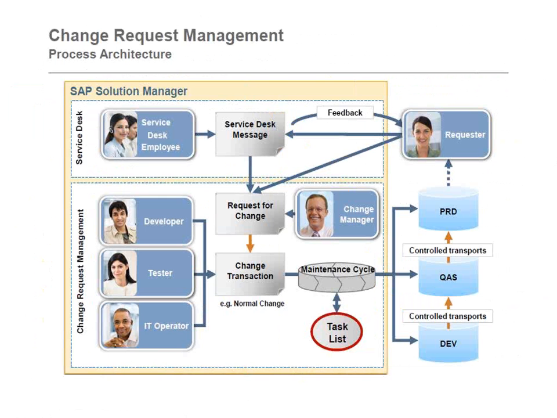Then the developer comes into the picture, and he will create the transport request associated with the change request number, develop whatever is missing, and test it. Once everything is done, he will import it into QA and request the tester to test it.